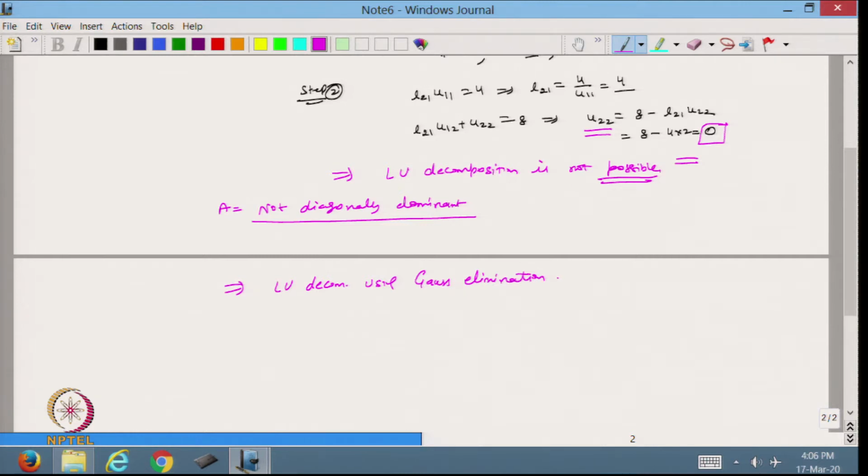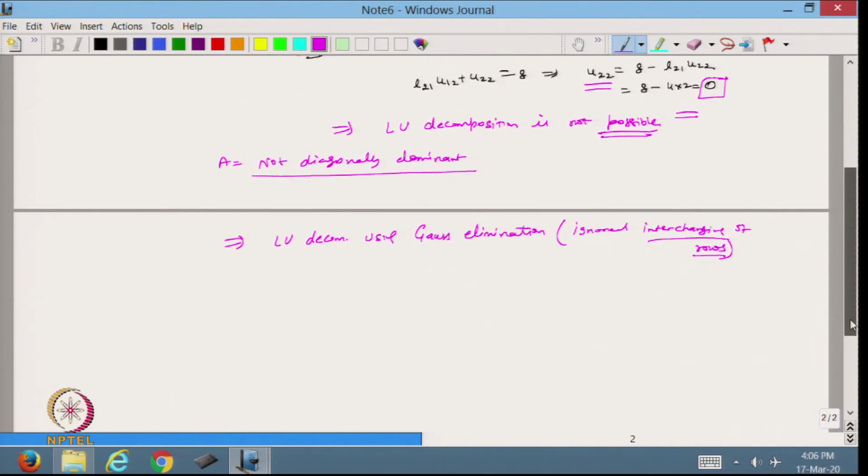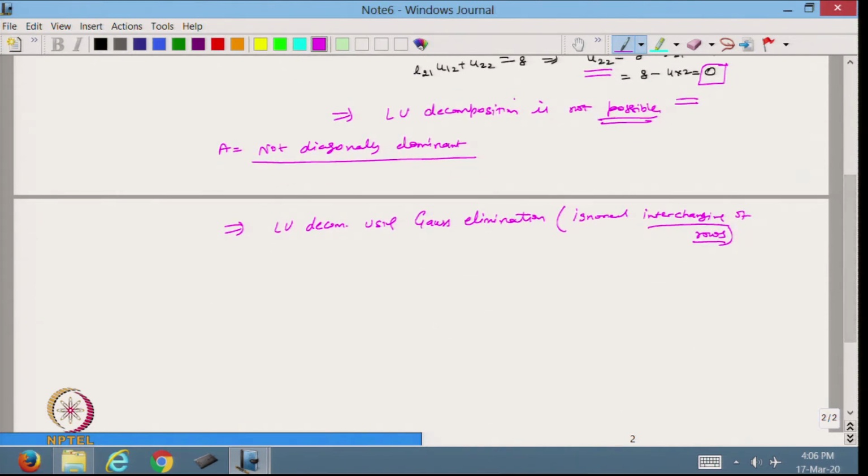In the LU decomposition using Gauss elimination, we have ignored the interchanging of rows. So based on this, in the previous one LU decomposition is not possible using Kraut's method.